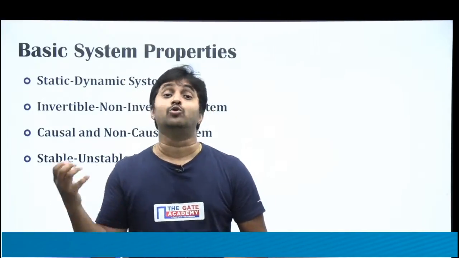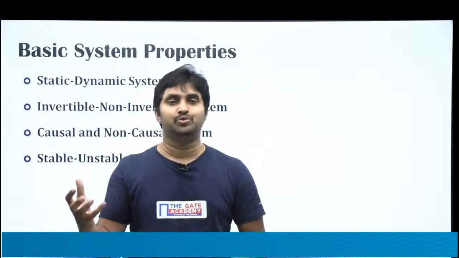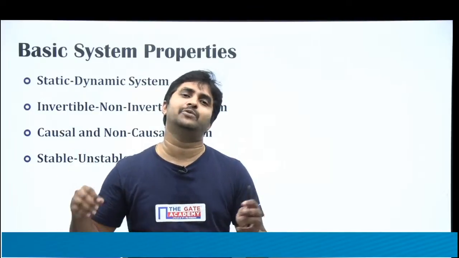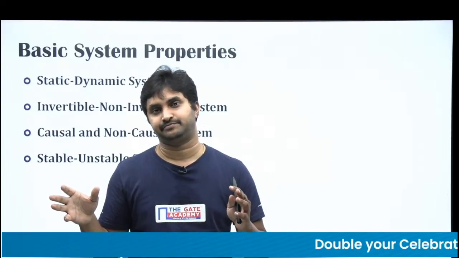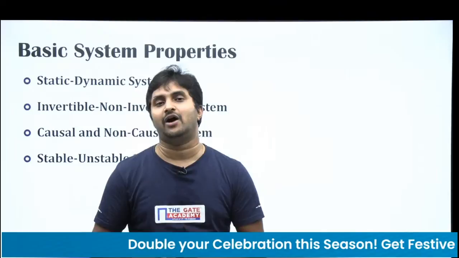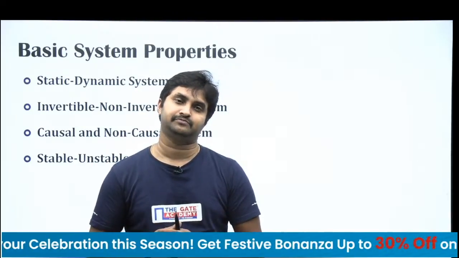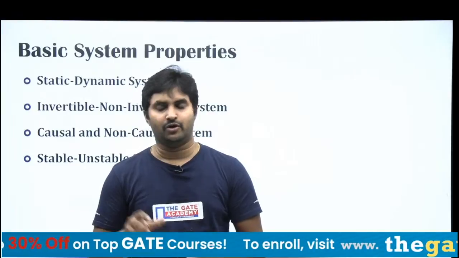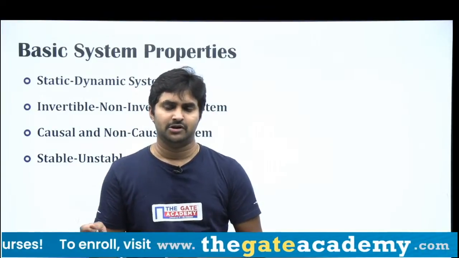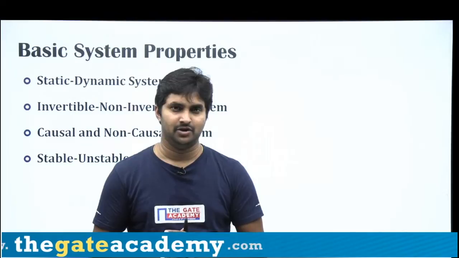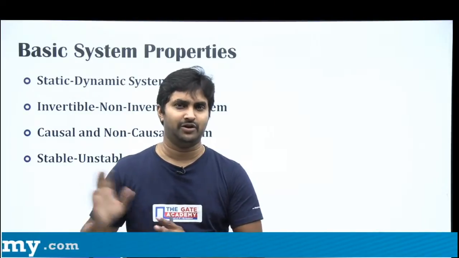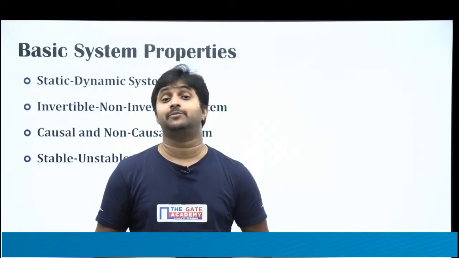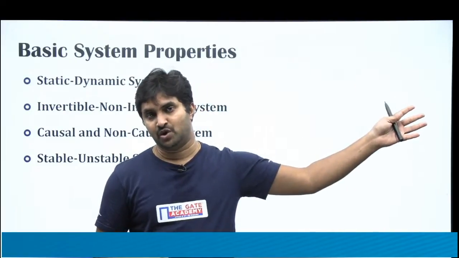If you are getting an output, the output is because of the inputs. Now what kind of relation do we have between an output and an input? Generally, your output depends upon the present input. Whatever input you are giving, based upon that you will get an output. And the output can also depend upon the past input.